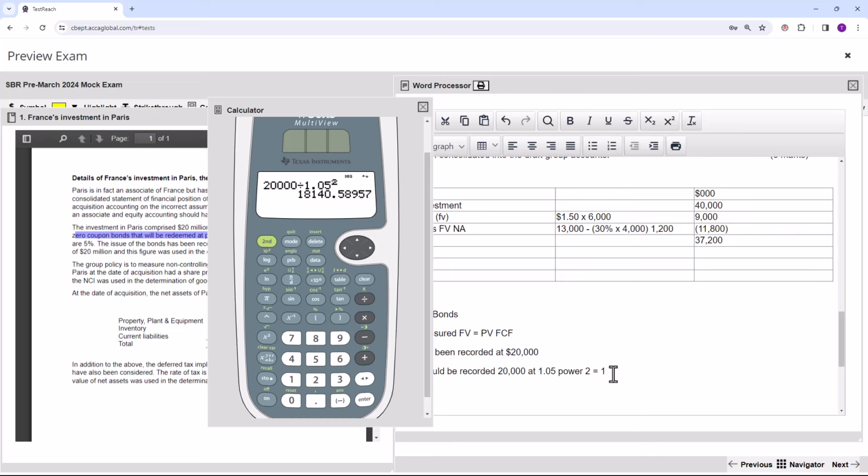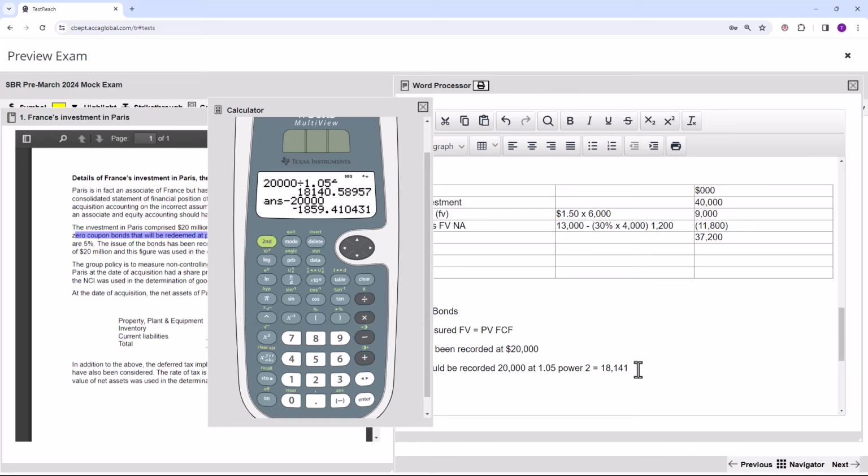The amount of the liability should be 18,141. But the adjustment that we're making is from the original figure of 20,000. So the adjustment that we are making is going to be 1,859.